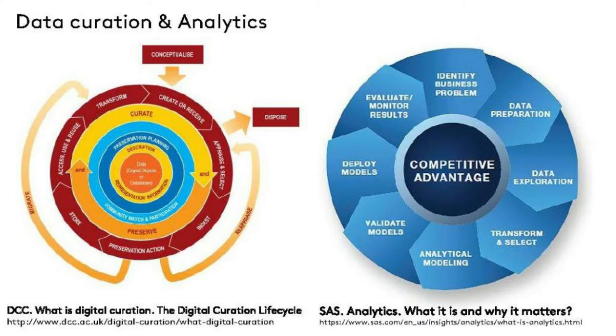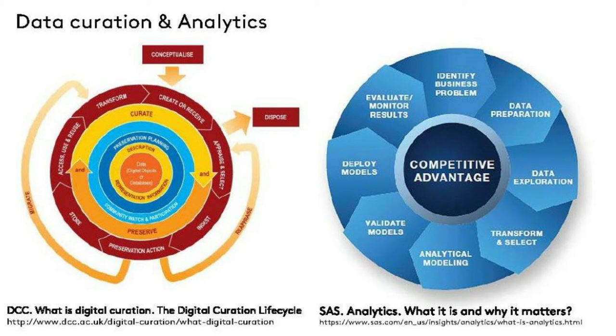So data curation is an activity well known for libraries, and it's the process of looking after the data from the moment of creation and adding value to it. This diagram, which you probably recognize, is from the Digital Curation Center, and is the digital curation life cycle. And on the other hand, analytics, they also have a kind of life cycle.